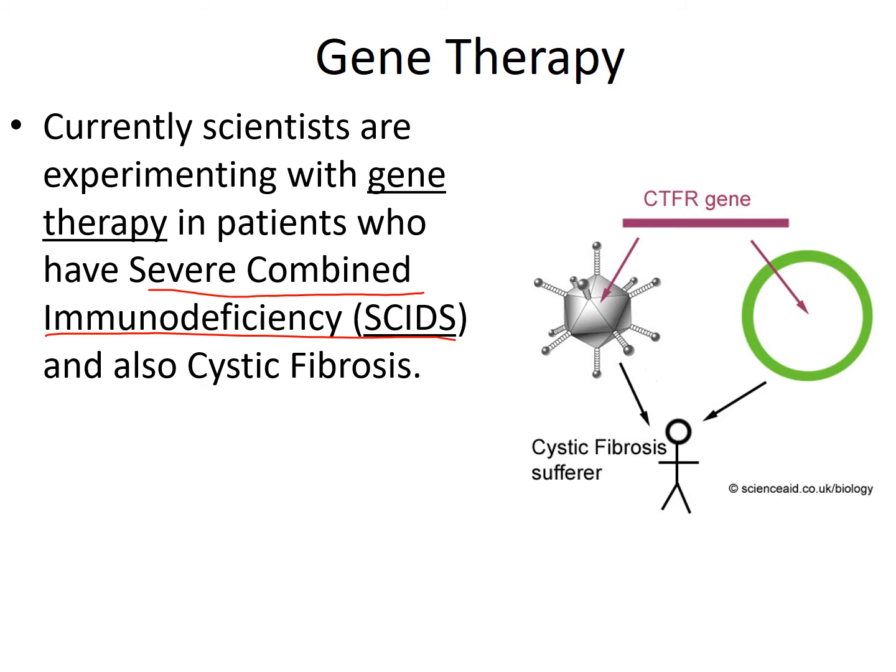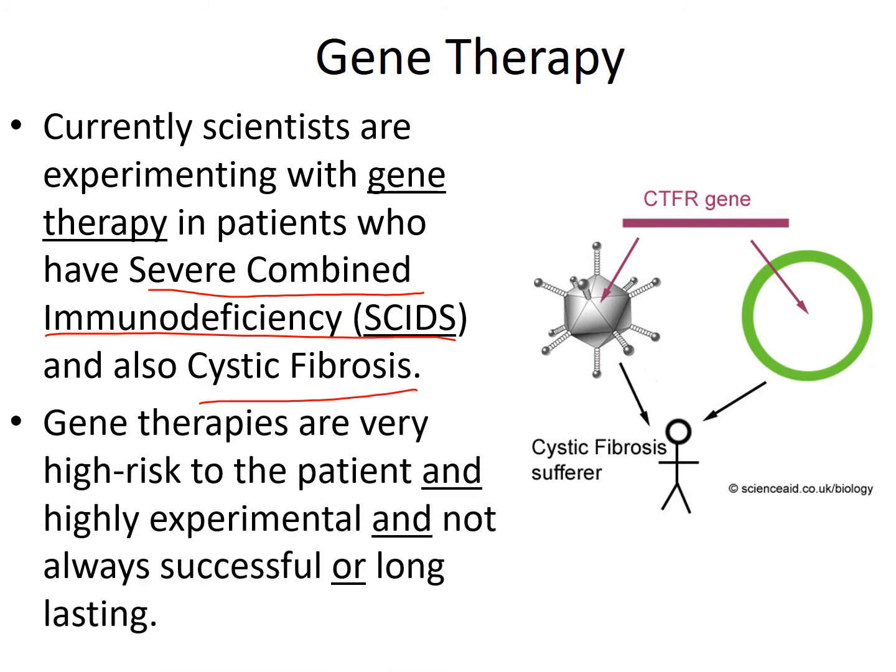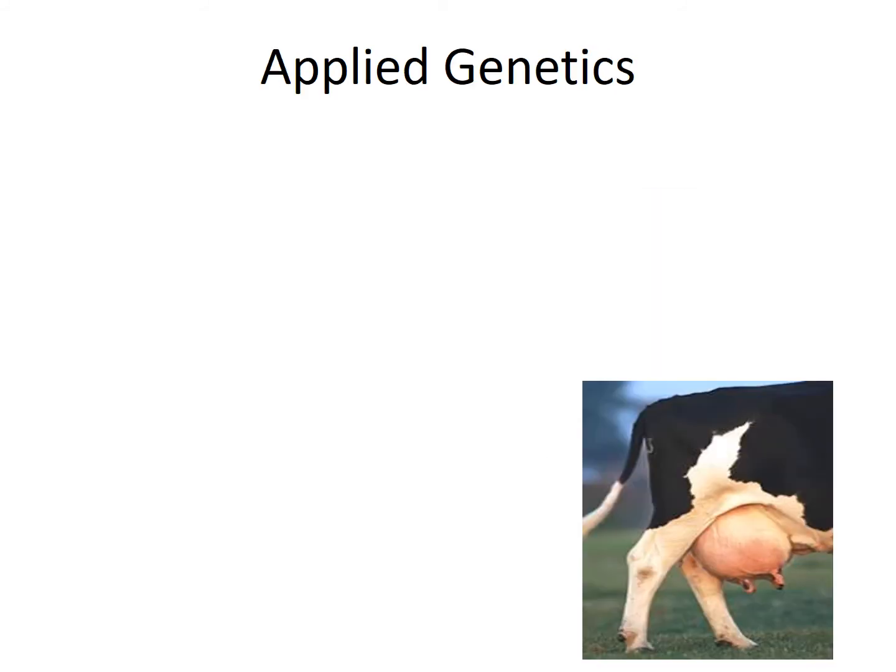It's basically a deficiency in the immune system for AIDS, right? So this is immune deficiency disorder, and cystic fibrosis is basically having overdue mucus. So gene therapies are for high risk patients and are not always successful or long lasting. But the idea is to give you something new, and hopefully your body will take it.